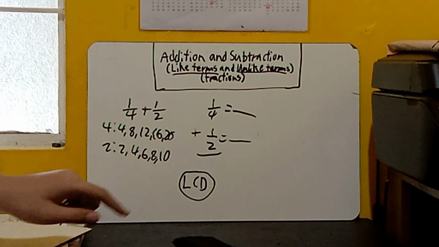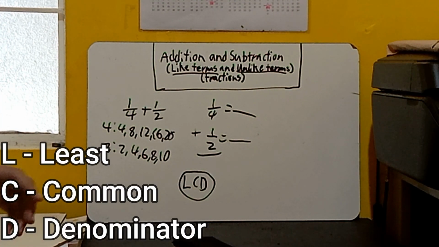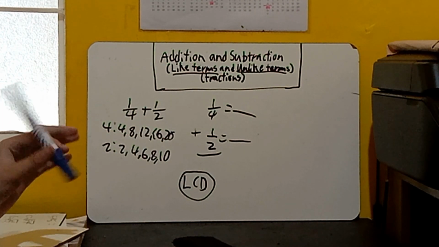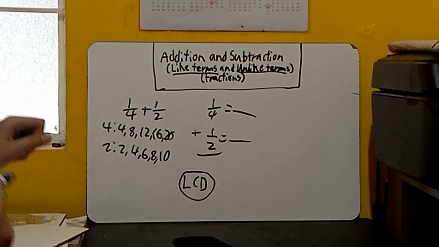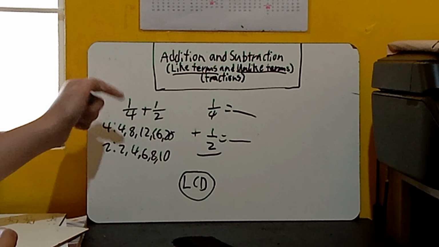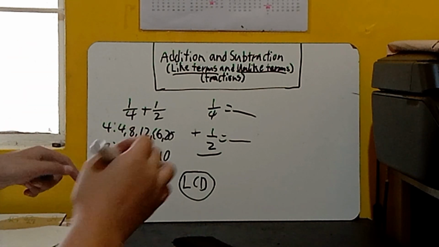What does LCD stand for? LCD stands for least common denominator. What do I mean by least common denominator? It means we're going to find the number that they have in common, but the least number that they have in common.